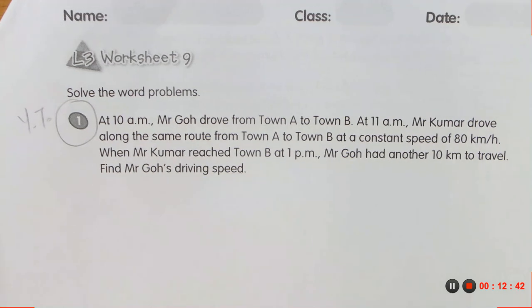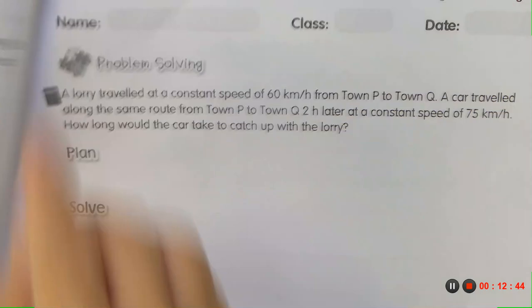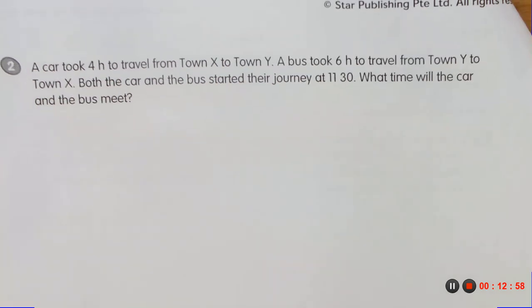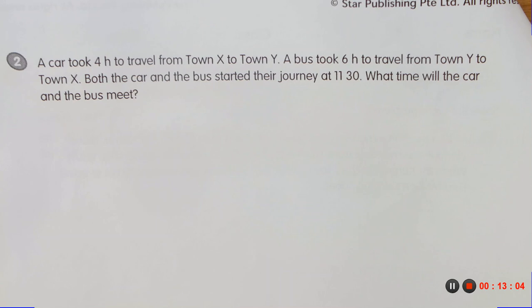Now, I want to look at question 2. Why? Because it's a fun question, and we did a similar question yesterday. It's similar, but the difficulty level is a bit different because there's more information that you need to infer here.